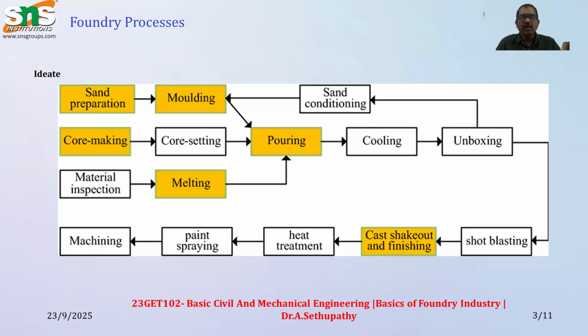Cores are also made like a sand casting process, and the core is set into the mold box where needed. After the raw material is inspected for composition and melted, it is poured into the molding box and cooled. After some time, they unbox the molding boxes.